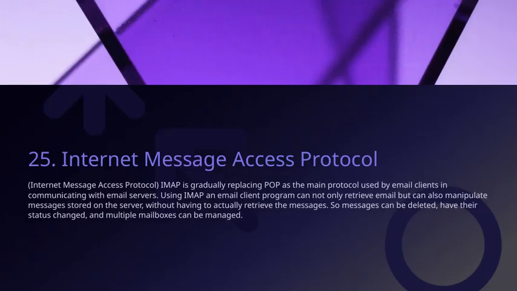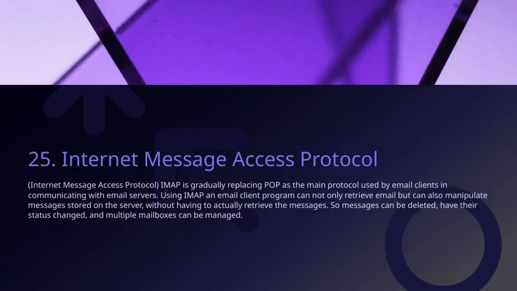Now, let's talk about IMAP, or Internet Message Access Protocol, which is increasingly replacing POP as the main way email clients communicate with email servers. The key advantage of IMAP is that it allows your email client not just to retrieve messages, but also to manipulate them directly on the server. This means you can delete messages, change their status, or manage multiple mailboxes, all without having to actually download the emails.